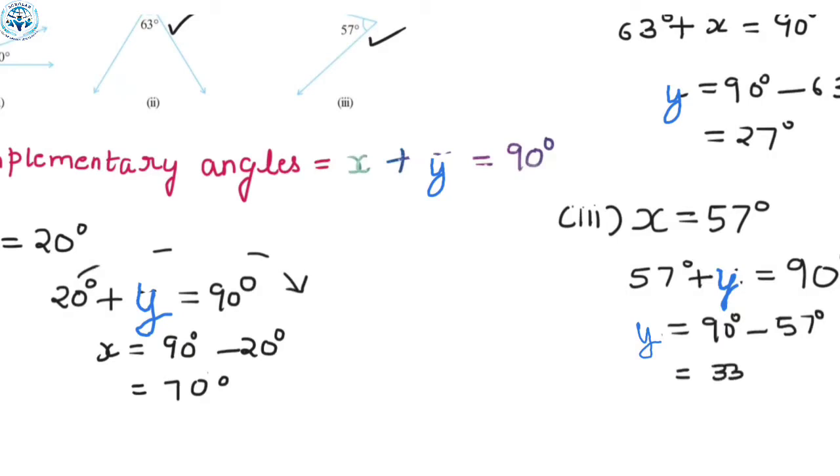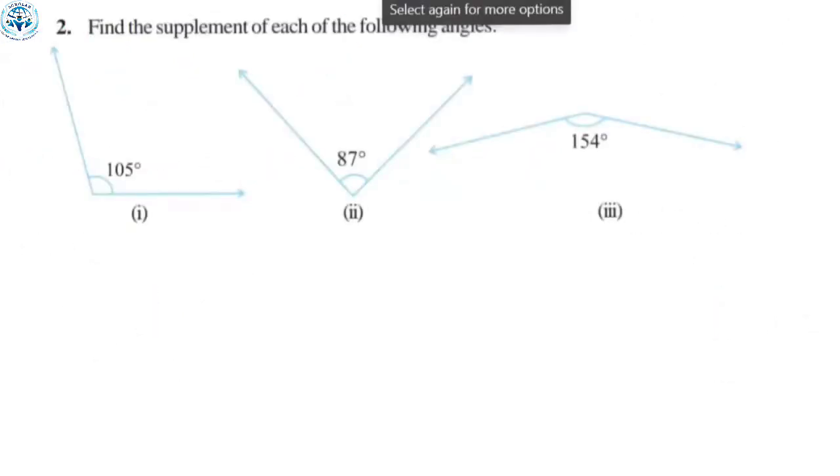The value of y is 33 degree. The complement of the third angle is 33 degree. Now proceed with the next one.